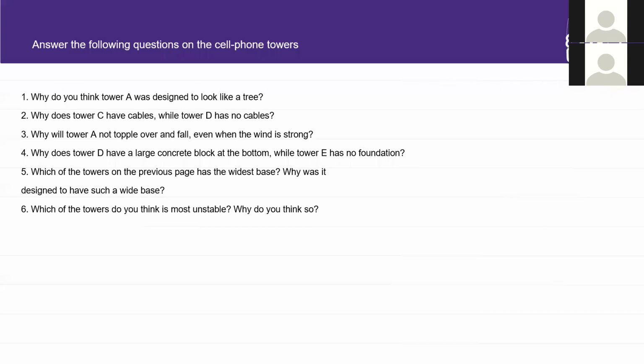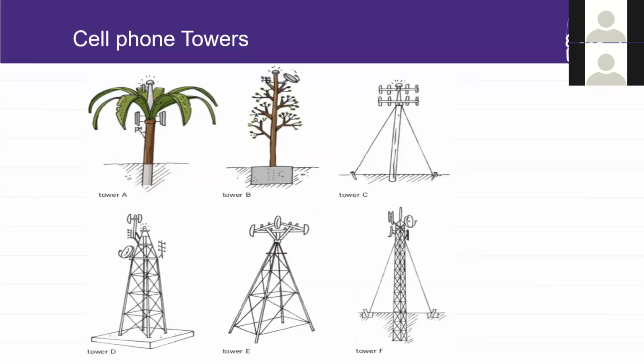Then the fourth question is, why does tower D have a large concrete block at the bottom while tower E has no foundation? Let's go back and look at tower E. There's tower E. Tower E has no foundation, but tower D has a concrete slab. Okay. What is the correct answer for that?